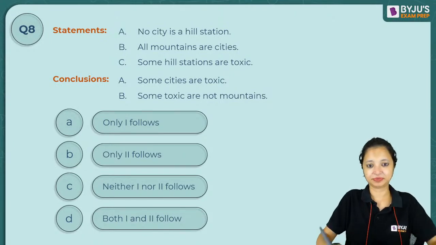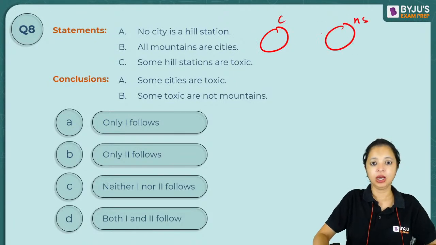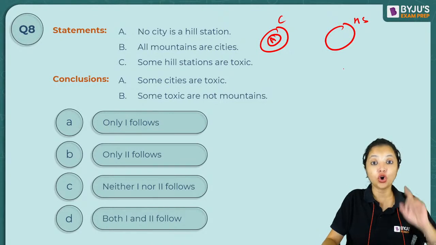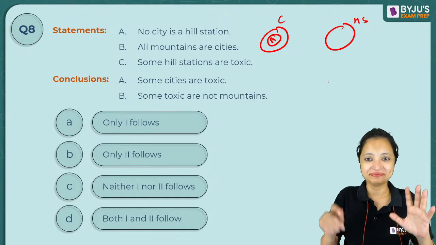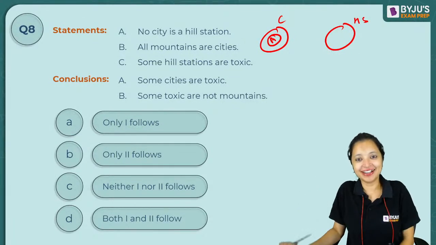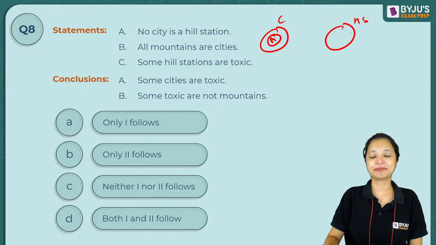Here we go. No city is a hill station. Simple. All mountains are cities. Some hill stations are toxic. Let's look at possibilities.